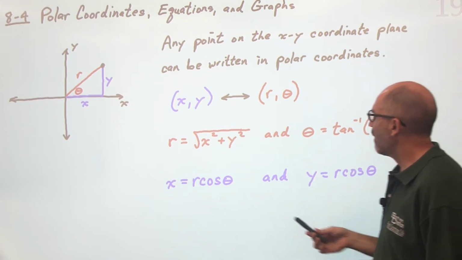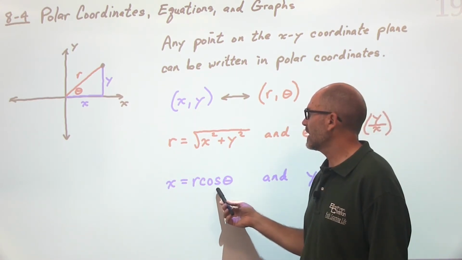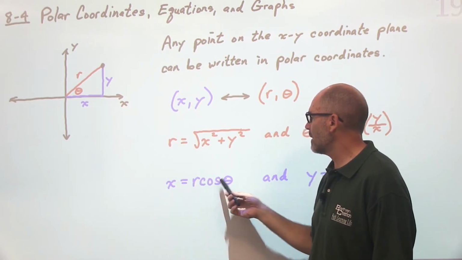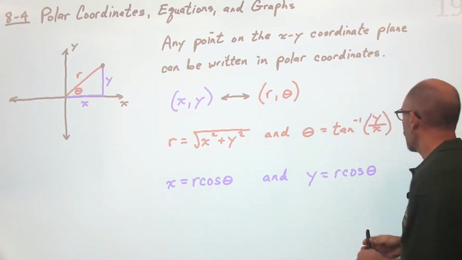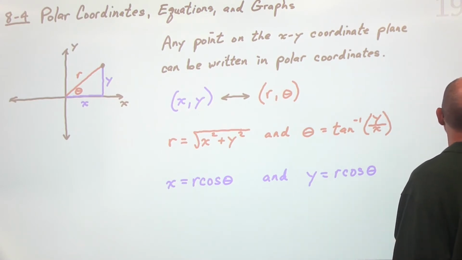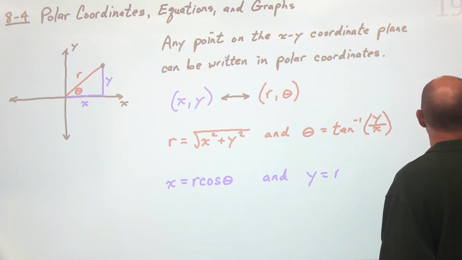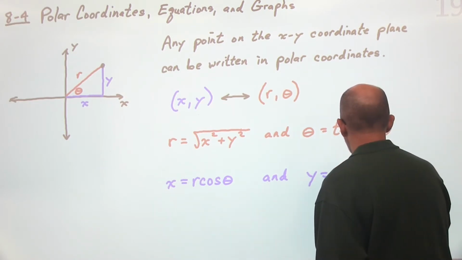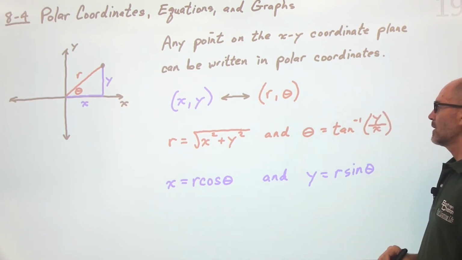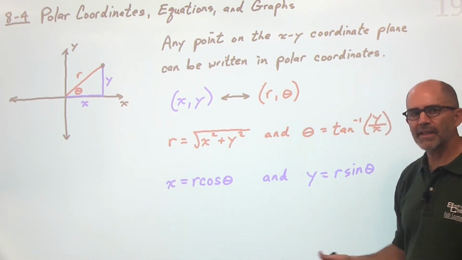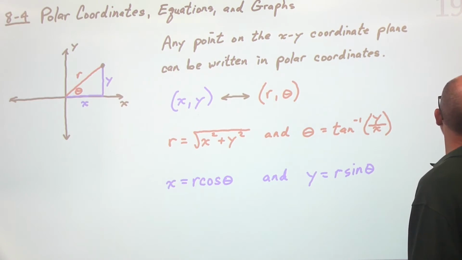Now, if I have r and theta, I can get x just by going r times cosine of the angle, and I can get y by going r times sine of the angle. Okay, so that's it, piece of cake. Cruising onward.